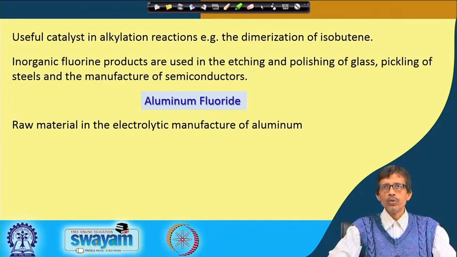That means, now you see that AlF3 is nothing but your typical material for aluminum production. If we are able to convert alumina from the bauxite to aluminum trifluoride, that means you require to supply the fluorine over there, and that we can get from your fluorspar itself.